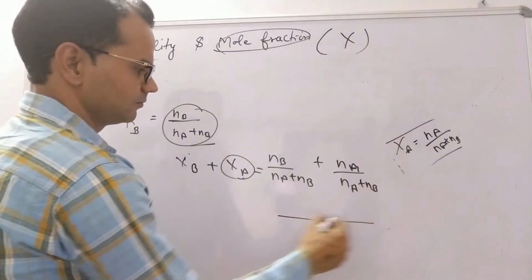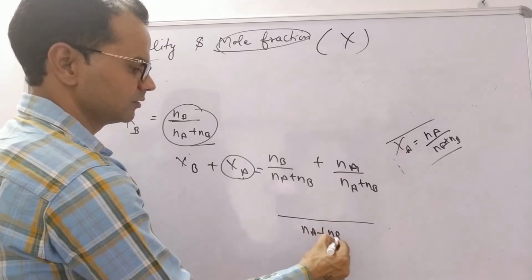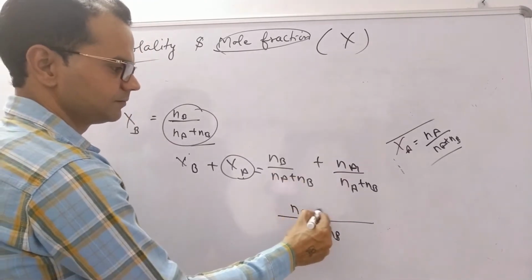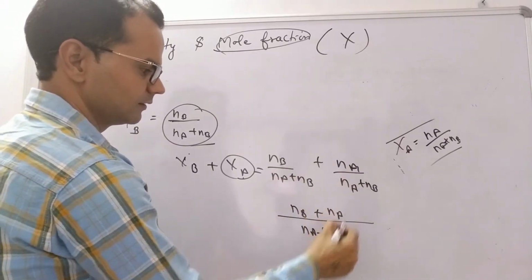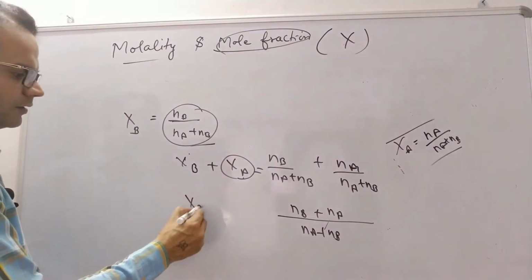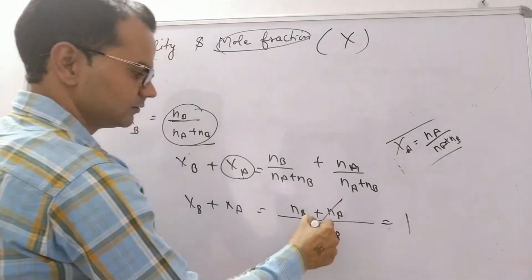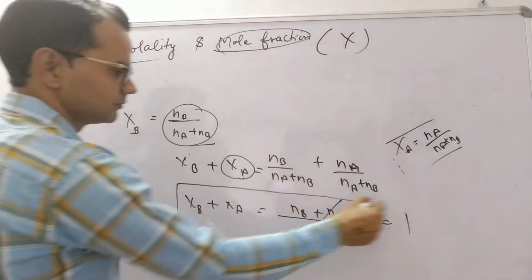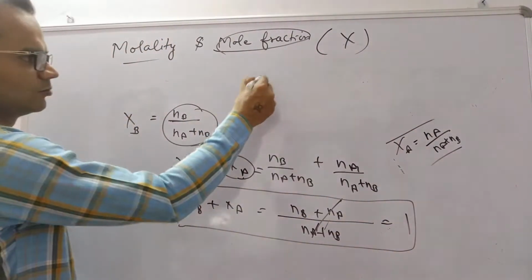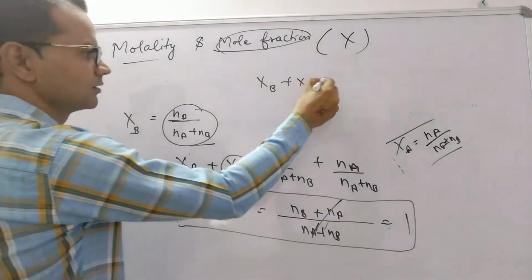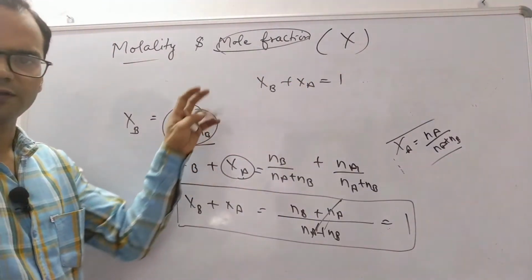Simply take LCM, NA plus NB over NB plus NA. So what we concluded? XB plus XA equal to 1. XB plus XA is always equal to 1.